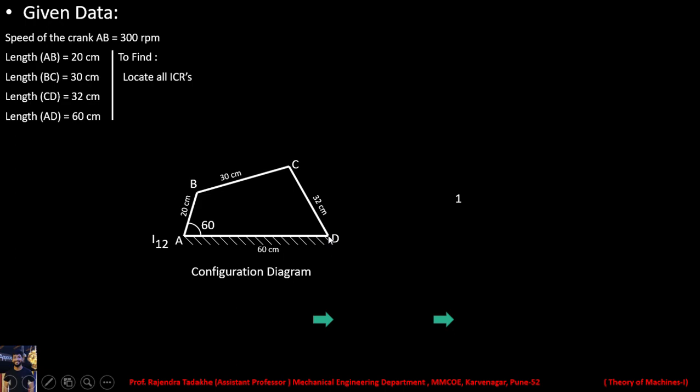Similarly, put the compass on the point D, take a distance of 32 centimeter and mark the arc of 32 centimeter radius. So the intersection of both the arcs will give you the point C. That is how we draw the configuration diagram.